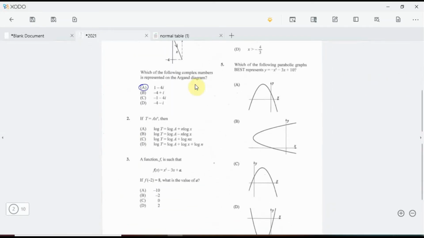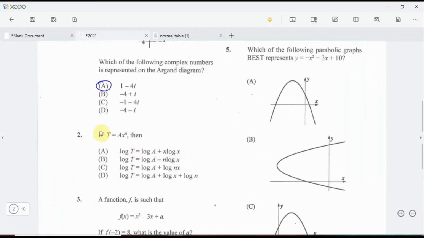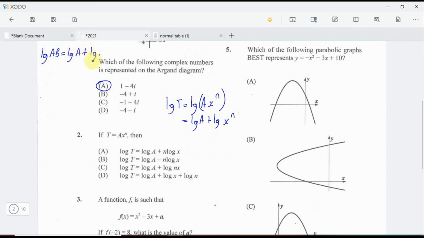Alright, question 2. Question 2 says, if t equals ax to the n, then you notice what they do. What they do is log both sides. So let's go ahead and log both sides. If we log both sides for question 2, we're going to get log t is equal to log ax to the n. But by rules of logarithm, we can break up log ax to the n as log a plus log x to the n, because you have to remember this rule that says the log of ab is equal to log a plus log b.